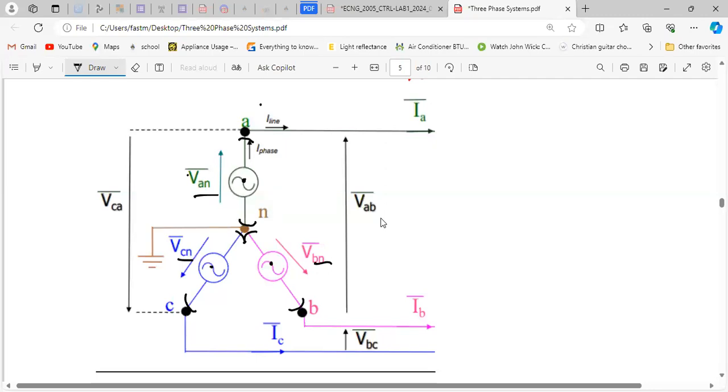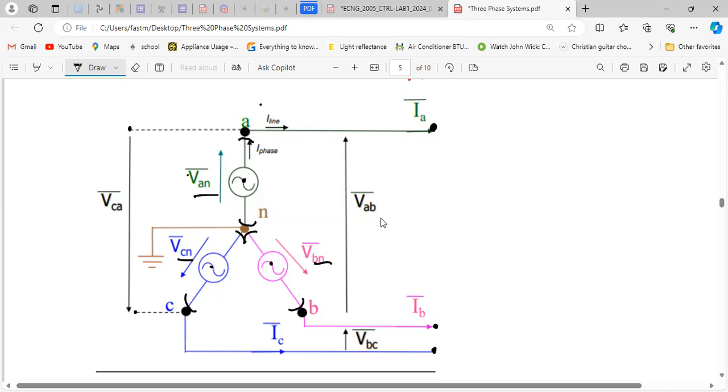We know the phase voltage has a relationship between the phase and the line for the star. If I want the line voltage, I need to connect, think of it as connecting a load across lines. These things here are your lines, so you can connect loads across them.